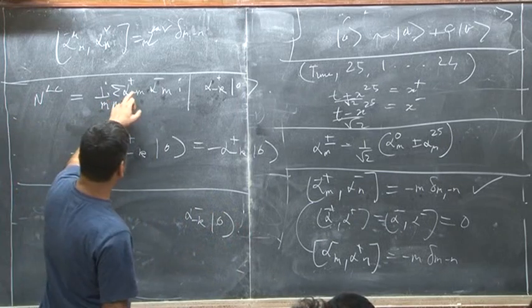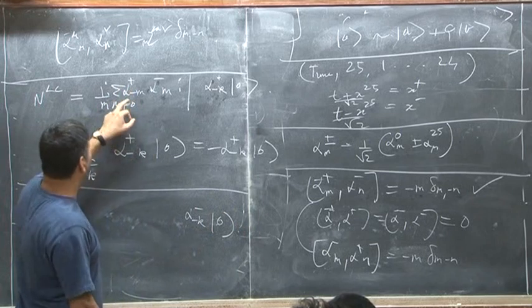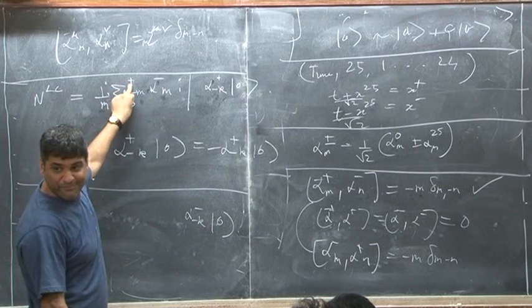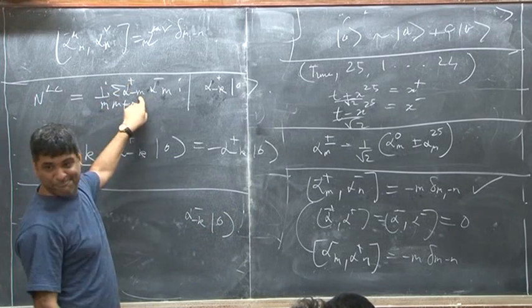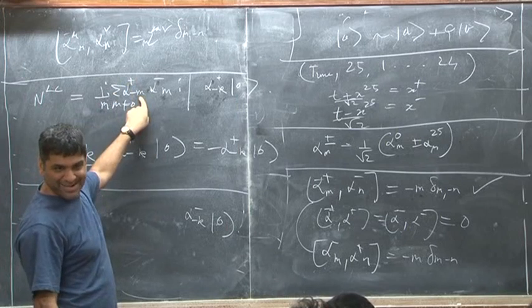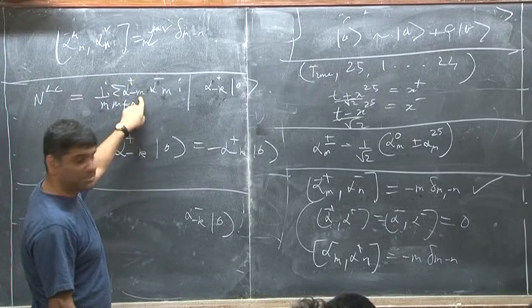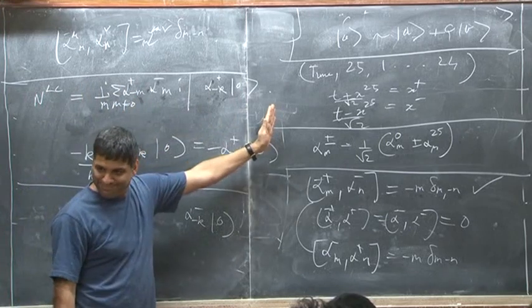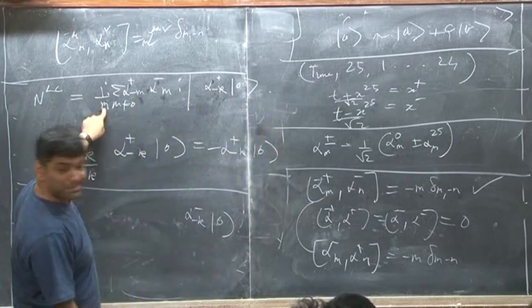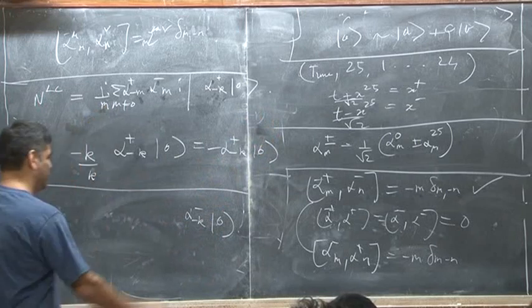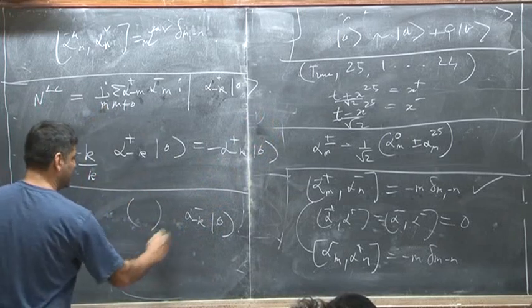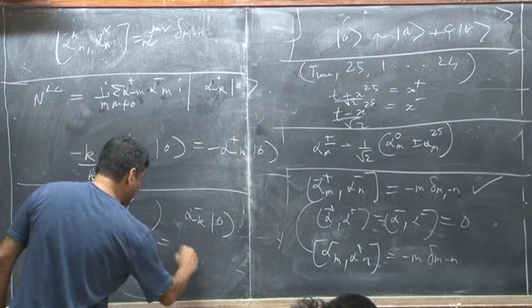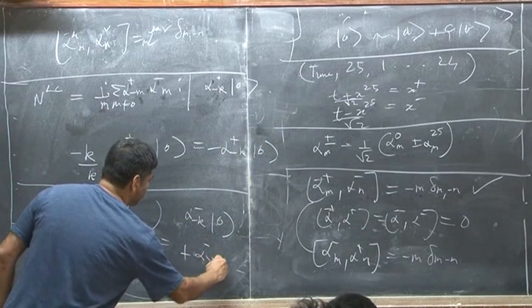Now, what will click? When this is plus k, so m has to be minus k. The commutator part will give you a minus k, but the same was minus k. So now in this case, by acting with this, we will just get plus alpha minus minus k.